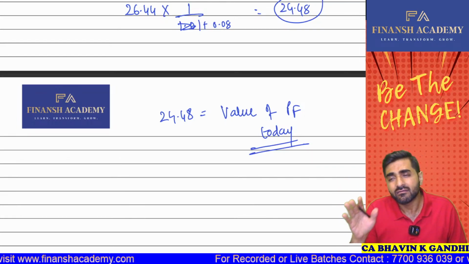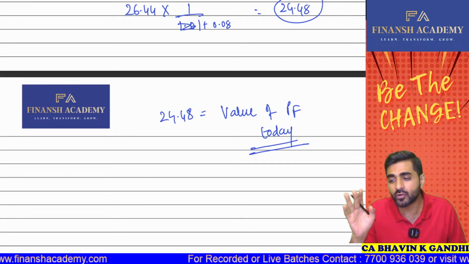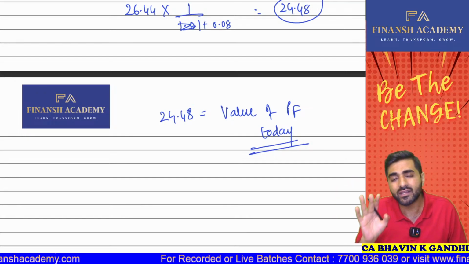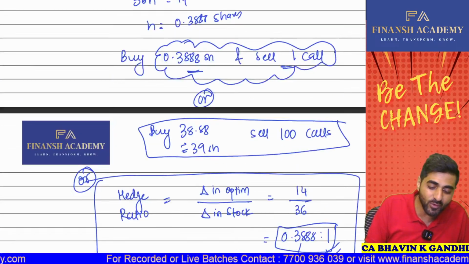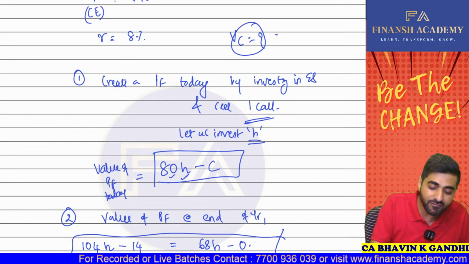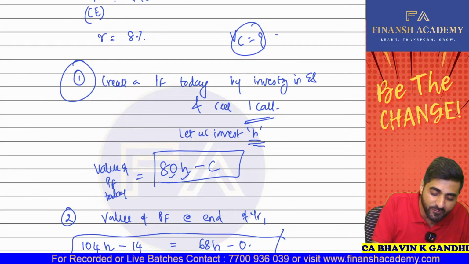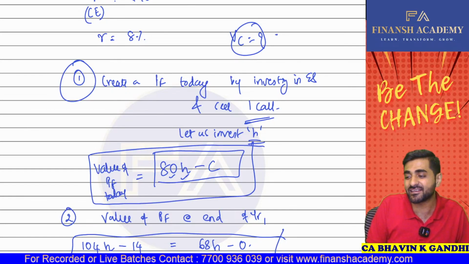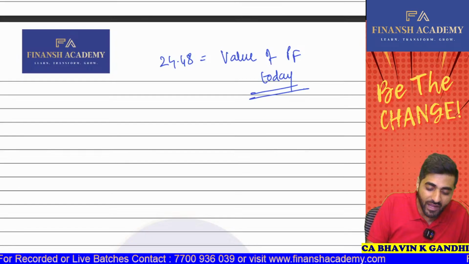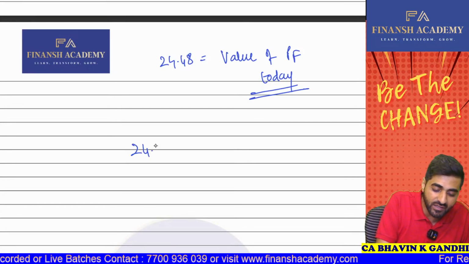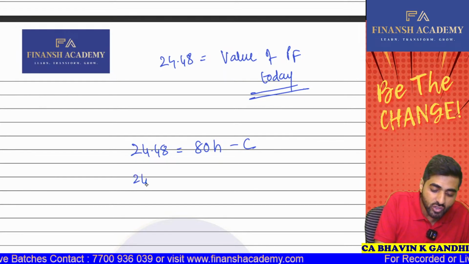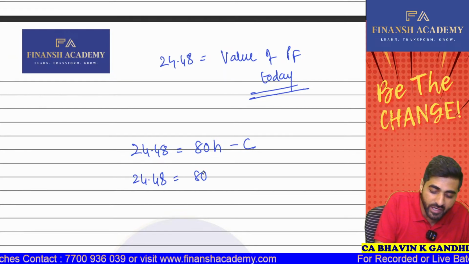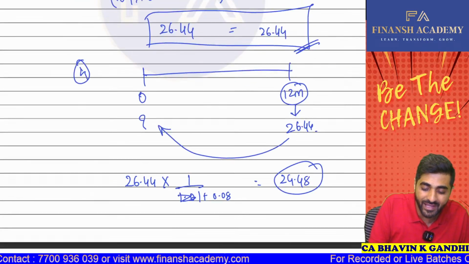Now, my dear students, we have the value of the portfolio today, which is nothing but 24.48. Now, what is the first step? The value of the portfolio today is nothing but 80H minus C. So here, the value of the portfolio today, which is 24.48, is equal to 80H minus C. So 24.48 is equal to 80 into what is your H?